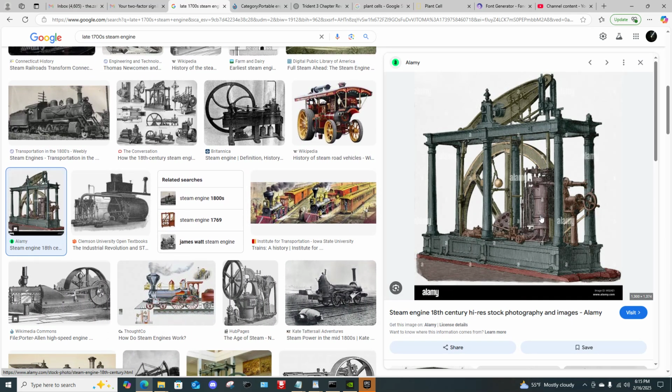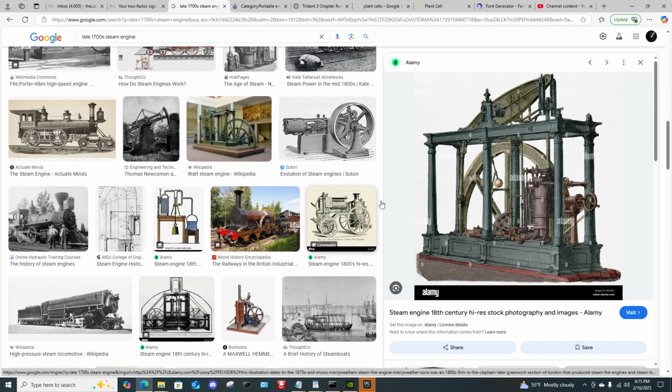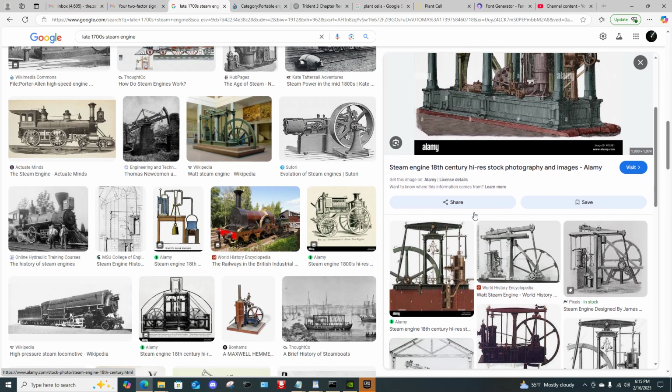Like the early steam engines that we hear about that first became really efficient for the Industrial Revolution were designs like these, where it had a cylinder, like a flywheel, and the steam would fill in here, drive this up and down, and it would pump out water over here. So that's the early steam engine designs that we learn about in school.